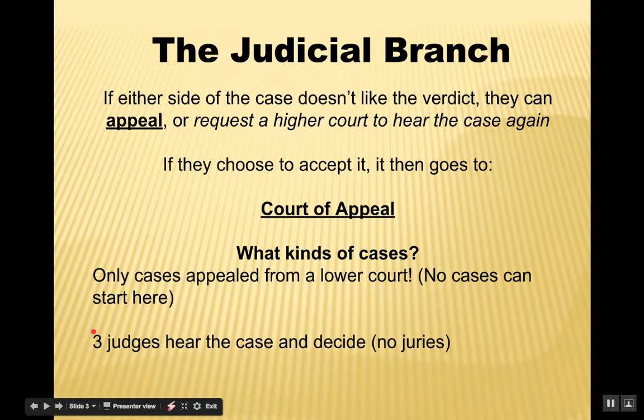But at the Court of Appeals, they only have 3 judges and no jury. So basically, they just sort of assume that at the district court, they've already done that whole process. So here, they just get 3 experts just to hear the case and take evidence from the arguments from what had happened at the previous level, and then they just base it on that.